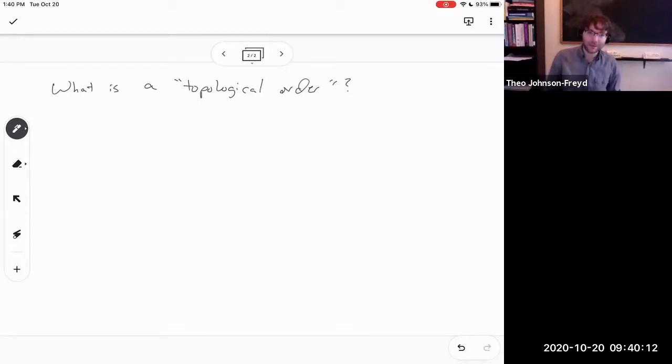There's a vague idea of topological order. I'll say some vague physicsy words, and then I'll give a mathematical definition.